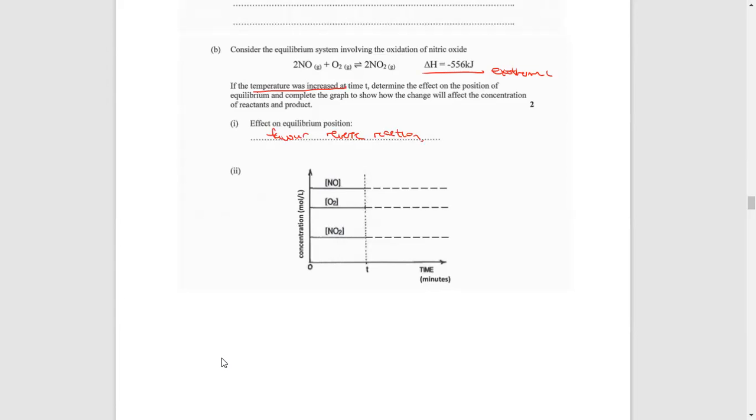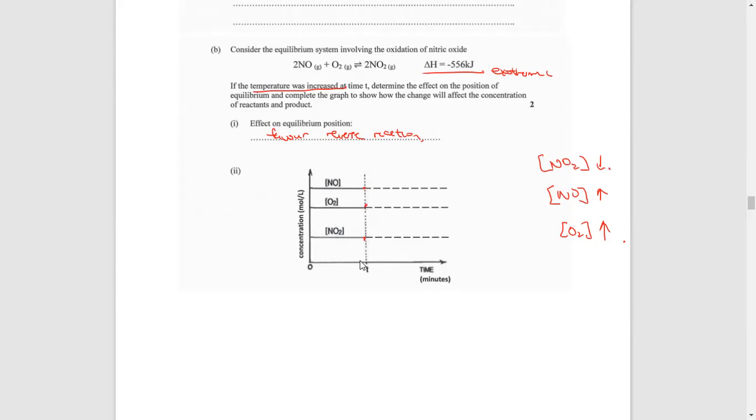Now, if you have a reverse, that means, of course, NO2 will go down, NO and O2 will go up. Now, remember, when it's a temperature change, that means none of these concentrations will change at that time. They will all start from the same spot.